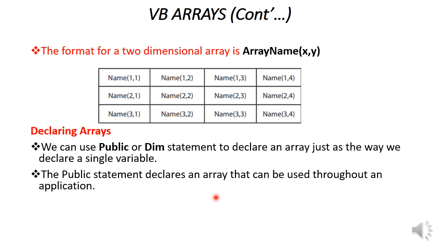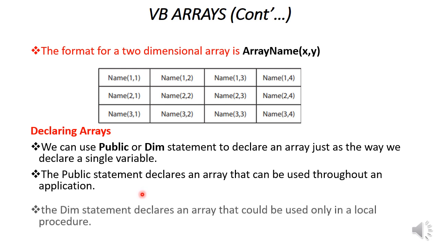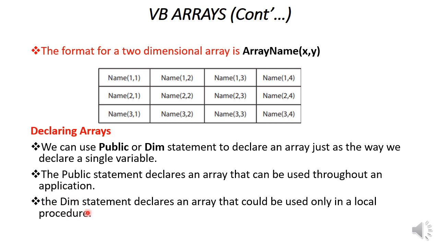It means that once you declare an array by using the Public keyword, this array can be used by any procedure in your Visual Basic application. The Dim keyword is used to declare arrays which are only known by the local procedures in which these arrays have been declared.